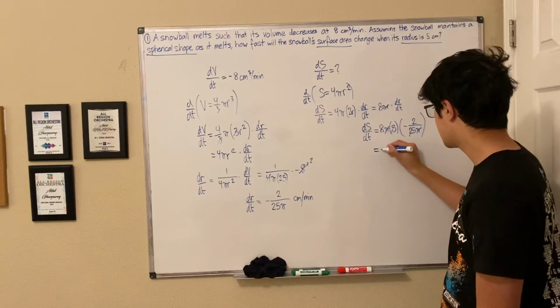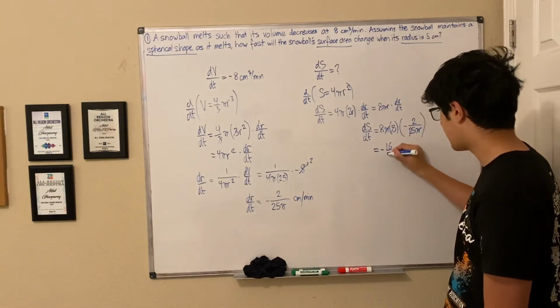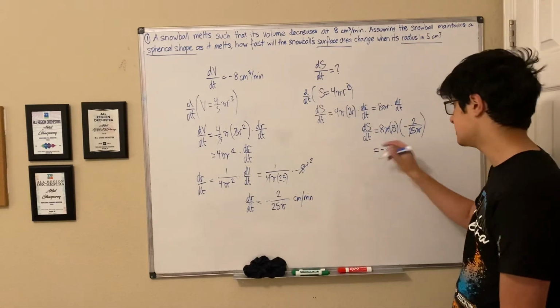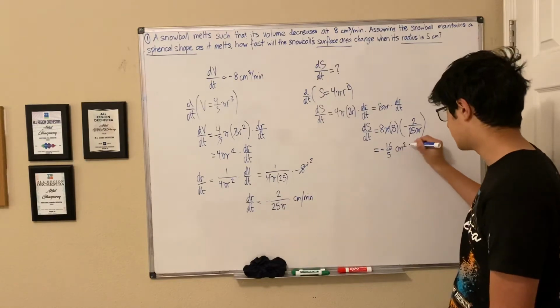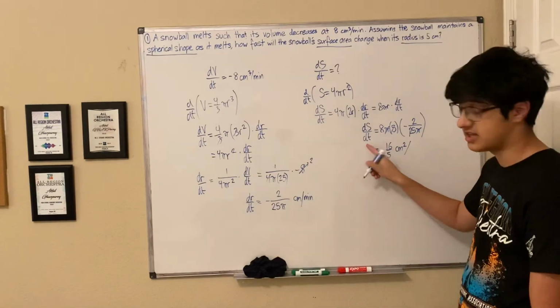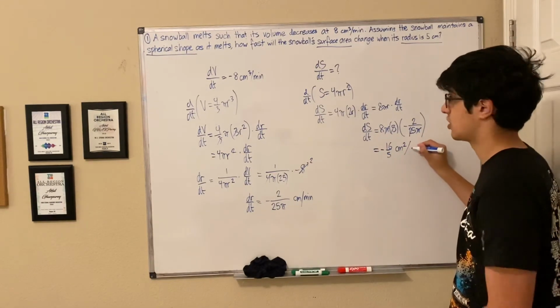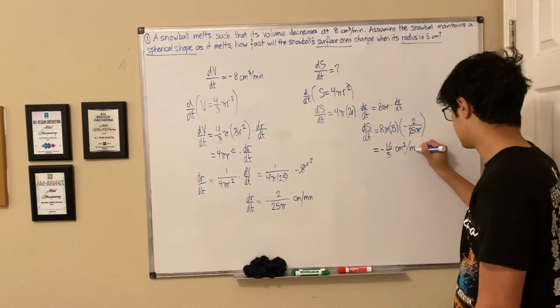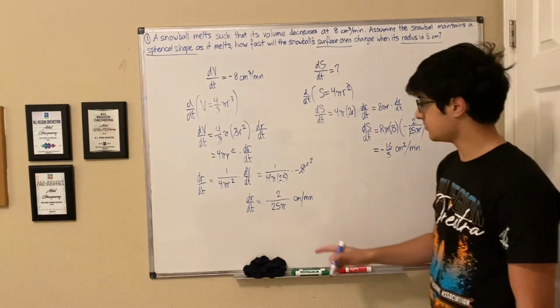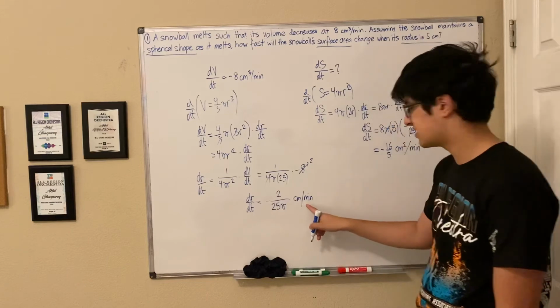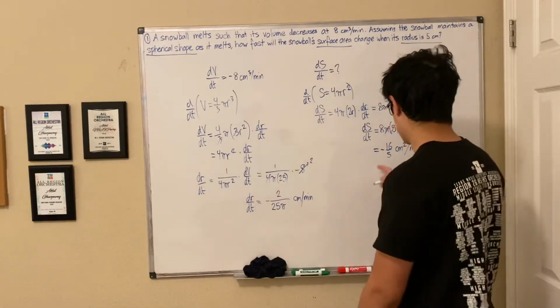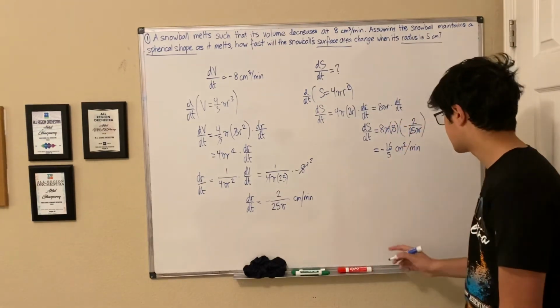This gives us negative 16 over 5, and the dimensions for dS/dt: surface area is measured in centimeters squared, and t is measured in minutes. I said seconds, I meant minutes, sorry. So, we have negative 16 fifths centimeters squared per minute.